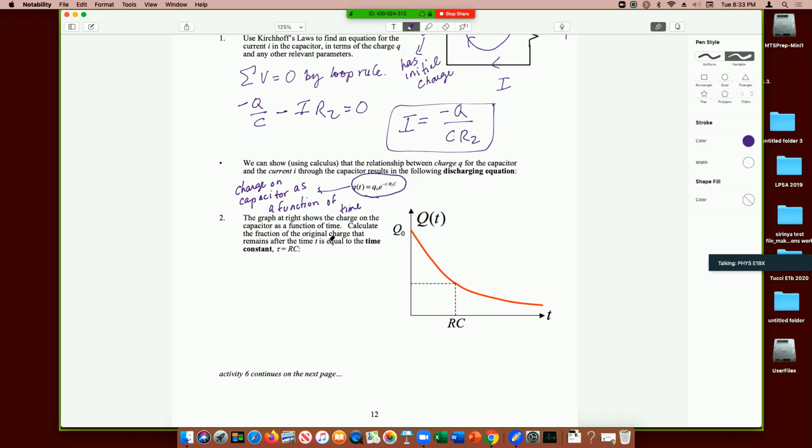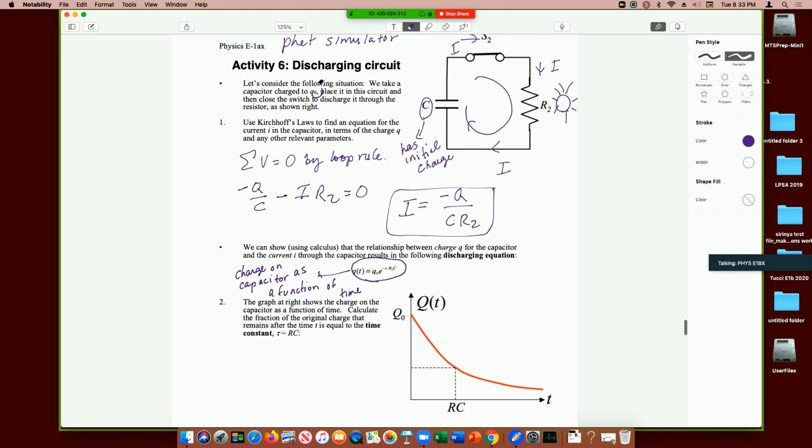Okay? So Q naught is the initial charge that we had on the capacitor. Remember, that's what we set up here. Q naught is what we started with. So this capacitor had an initial charge of Q naught, right?